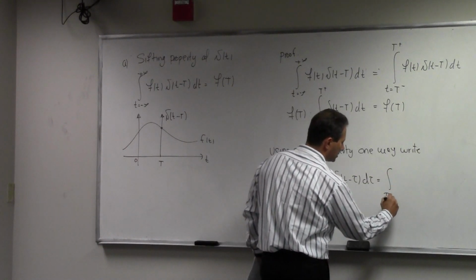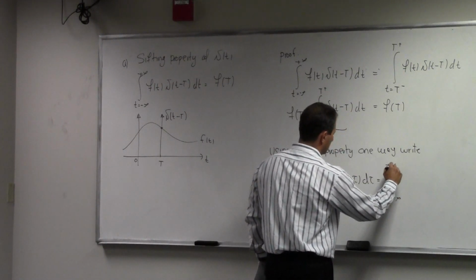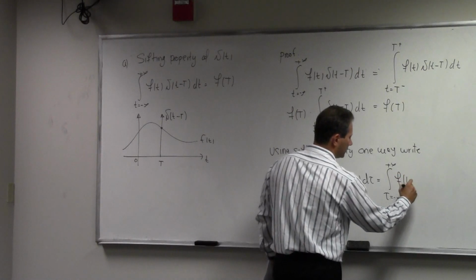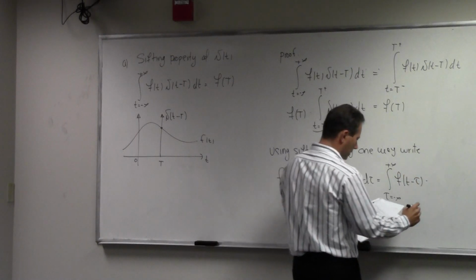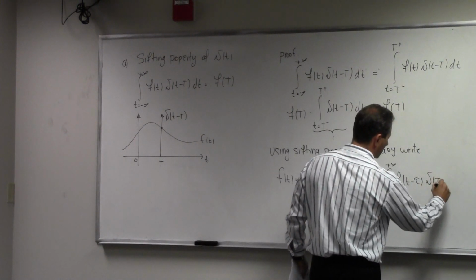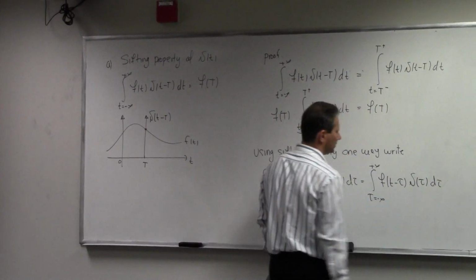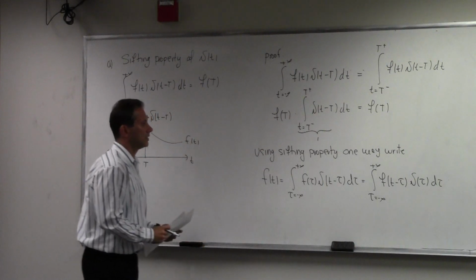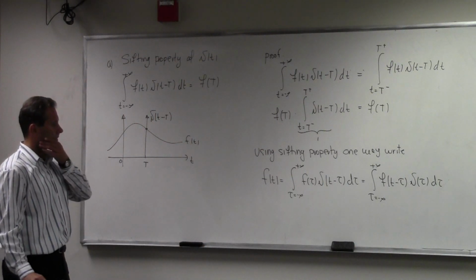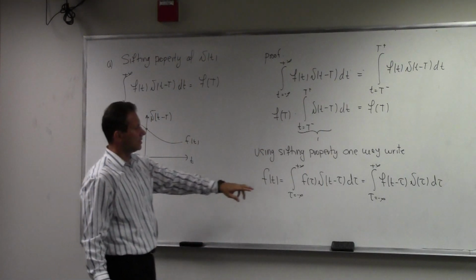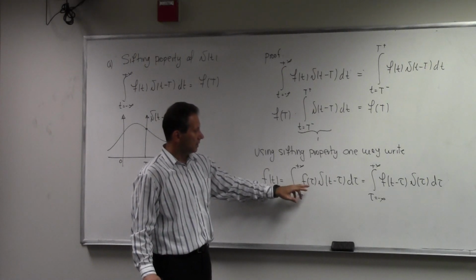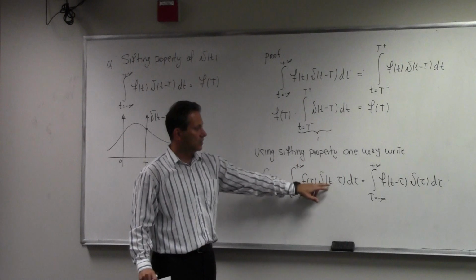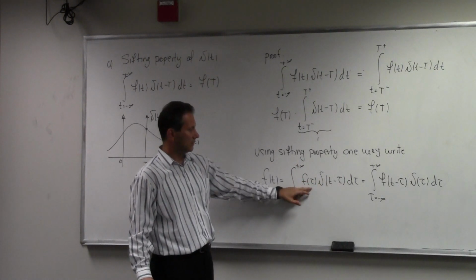Also, I can say that this is tau goes from minus infinity to plus infinity, f of t minus tau times delta of tau d tau. So all of these are valid, because you can see this one essentially only exists when tau is equal to t, and then that's f of t.